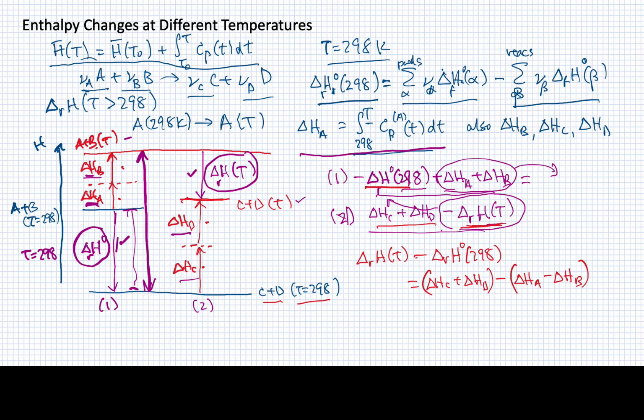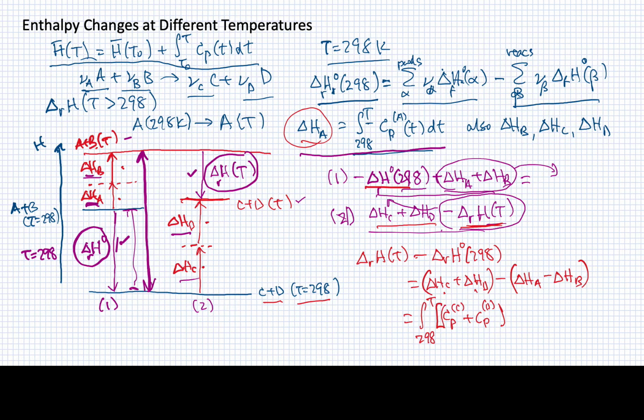But what are these delta H's? Well, they're just the thing that I've calculated up here. So in fact, I could write this whole thing, and this may not be something you would like to see, but I can write this whole thing as one big integral. It's the integral from 298 to T, and in this case, I've got the heat capacity of substance C plus the heat capacity of substance D. These are all at constant pressure.